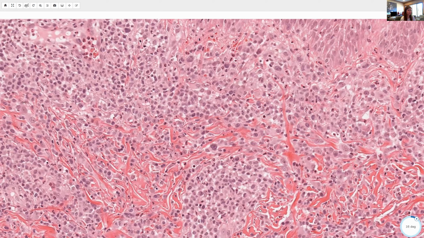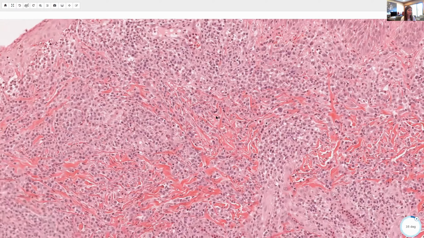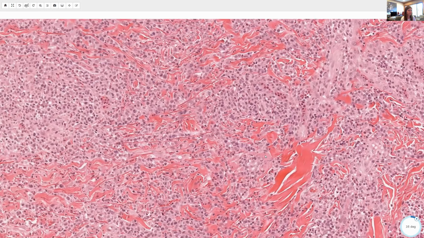So we see this polymorphous infiltrate, and it's not diffuse sheets of atypical lymphocytes. So this doesn't look like the DLBCL that we saw before, where every single cell was atypical, that diffuse large B-cell lymphoma leg type. Here we're just seeing scattered lumps of coal, as they're referred to. So scattered hyperchromatic atypical cells in this background of a more polymorphous lymphoid infiltrate.